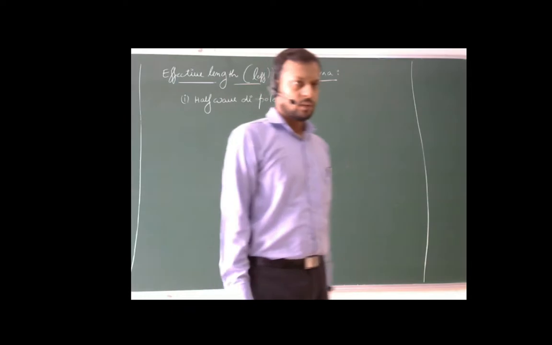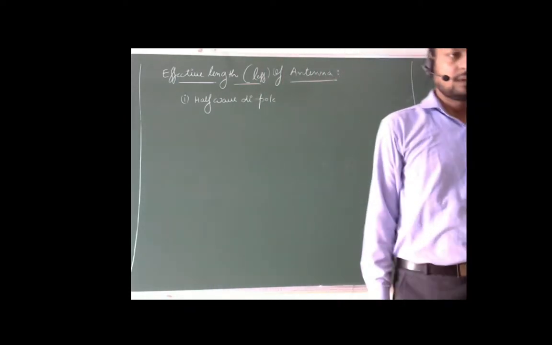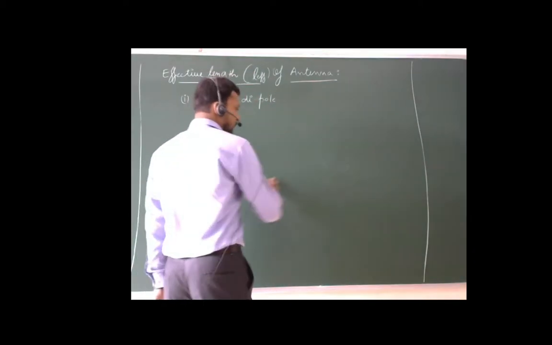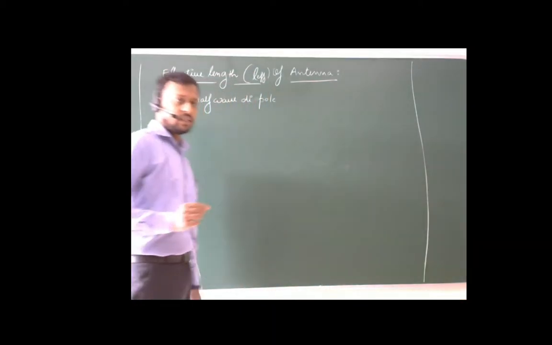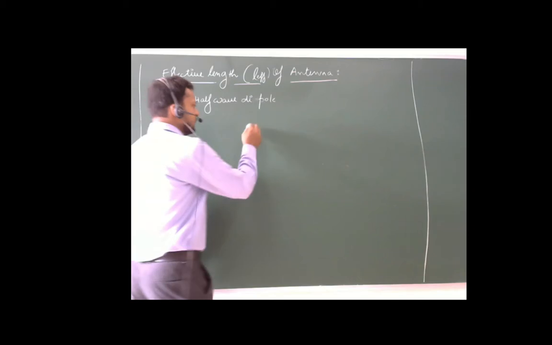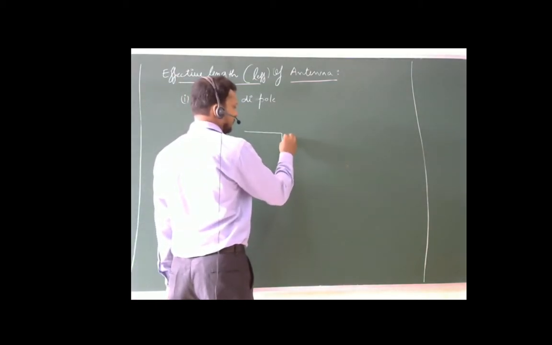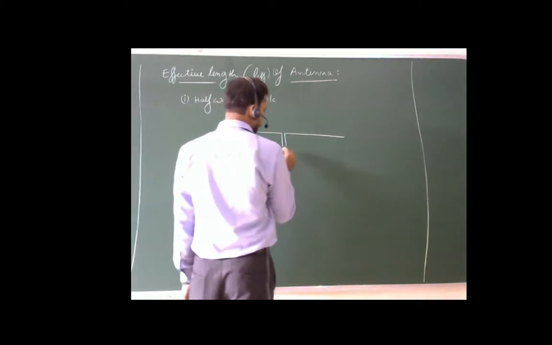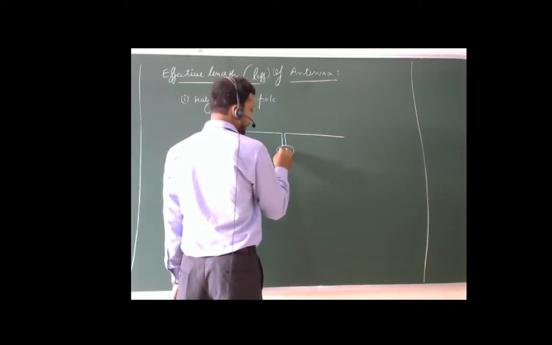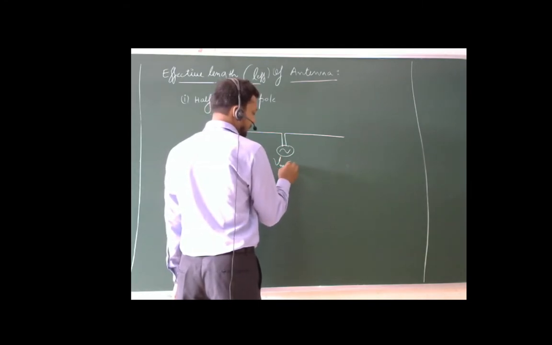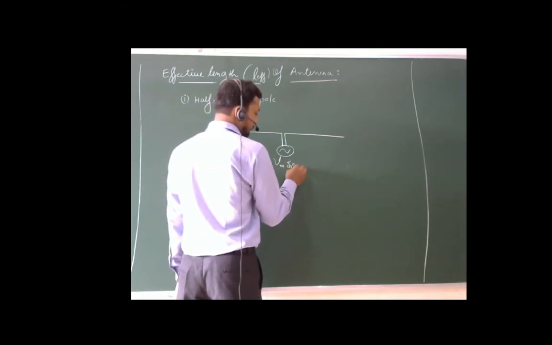Okay, so for the half wave dipole, we know that, considering only the center feed system, this is a wire which is fed with a harmonic signal, that is Vm sine omega t.